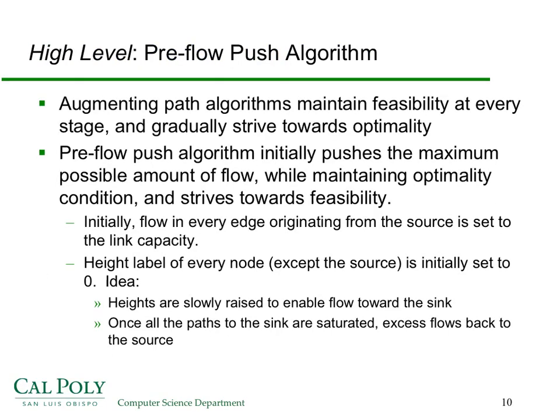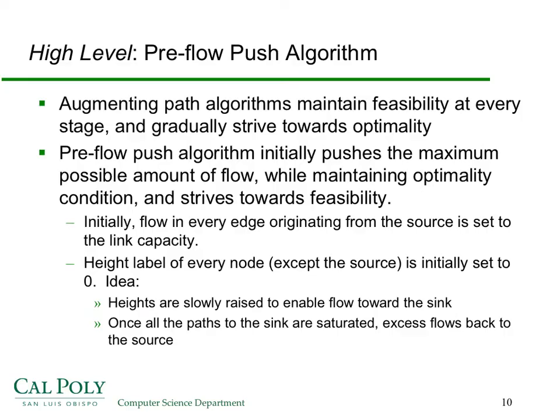So the main thing on this slide, most of which I've said before, but the key thing from an intuition point of view is just this last part down here. Initially, the flow in every edge originating from the source is sent to the capacity. This enables us to get things off the ground in terms of having the source be at height n, and all the other vertices at height 0.